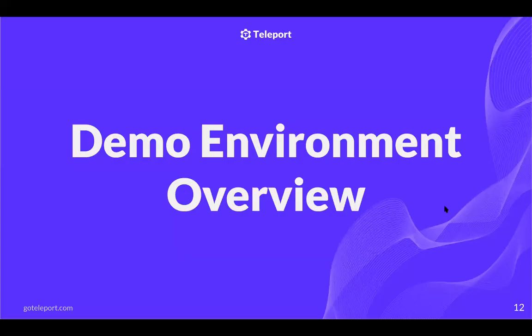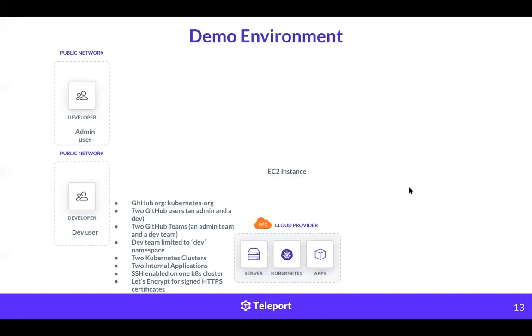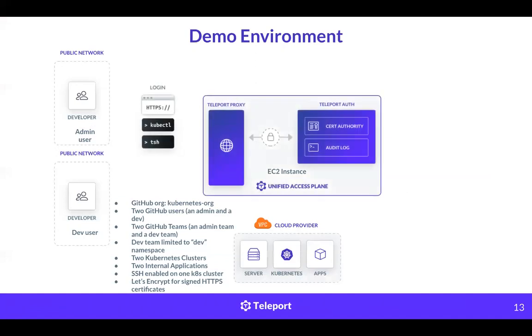As far as my demo goes, I'll first provide an overview of my demo environment. So I've created within GitHub an organization that I've called Kubernetes org. I've created 2 GitHub users, an admin user and a dev user. I then created 2 GitHub teams, an admin team and a dev team.